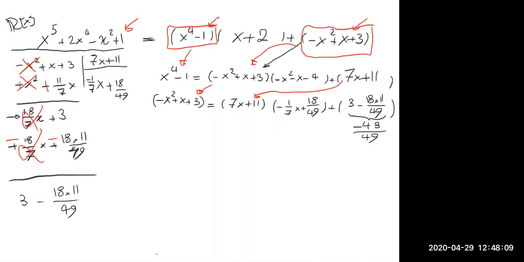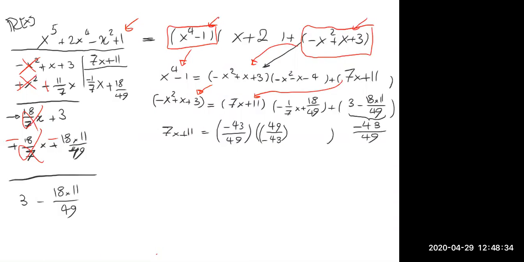So the next step would be dividing 7x plus 11 by this number. But, well, this division is simple because this number is invertible, so I can just write its inverse.